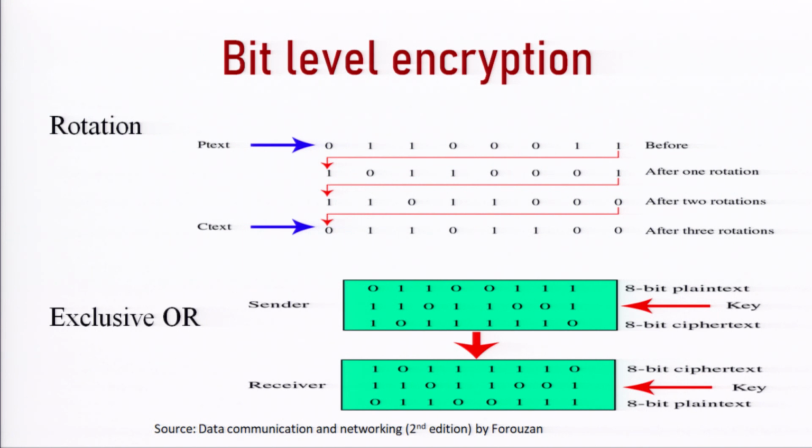Second one is bit level encryption, which is done at the bit level, and we have taken just 2 examples, rotation and exclusive OR. In rotation, here this is the message 0 1 1 0 0 1 1, and after one rotation this 1 has been converted here.